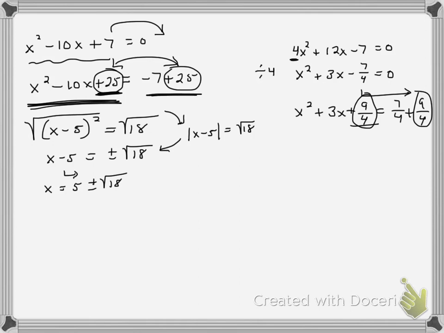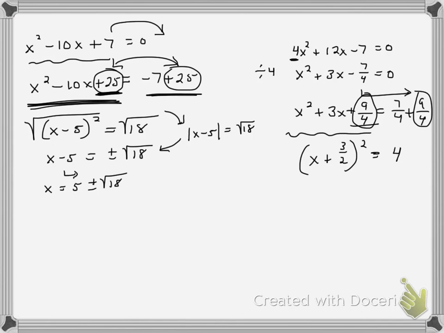Okay, so what would that be if I write this as a binomial squared? This becomes x plus 3/2, the whole thing squared. And since these already have a common denominator, 7 plus 9 is 16/4, and 16/4 is 4.